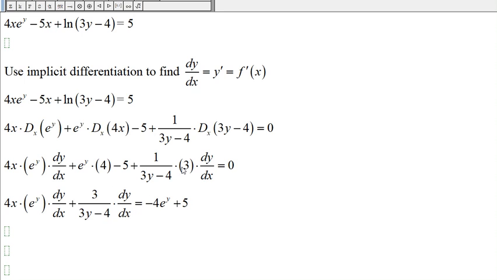So 1 times 3 is just 3. And then we'll factor out the common factor, dy/dx. And then this is just 4x e to the y. And then plus this.